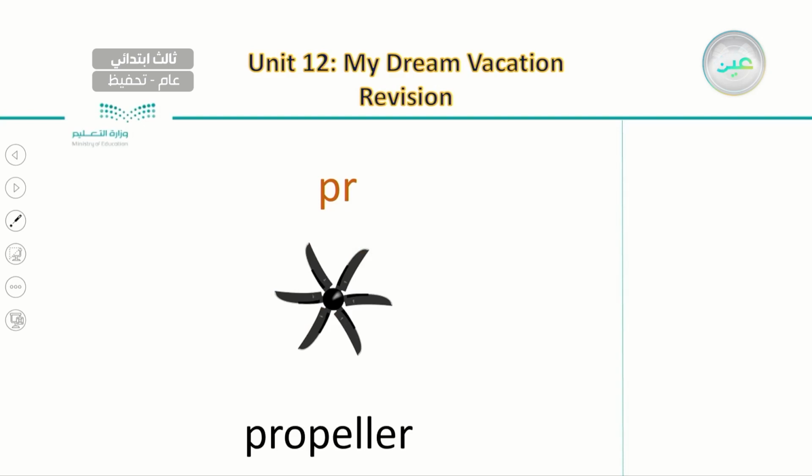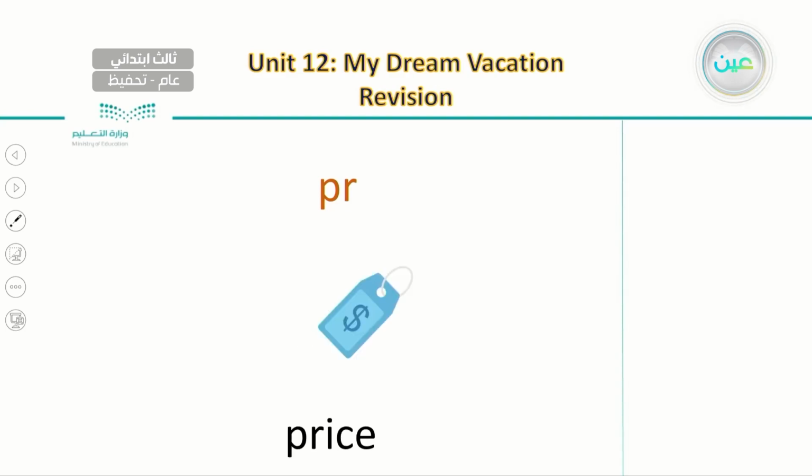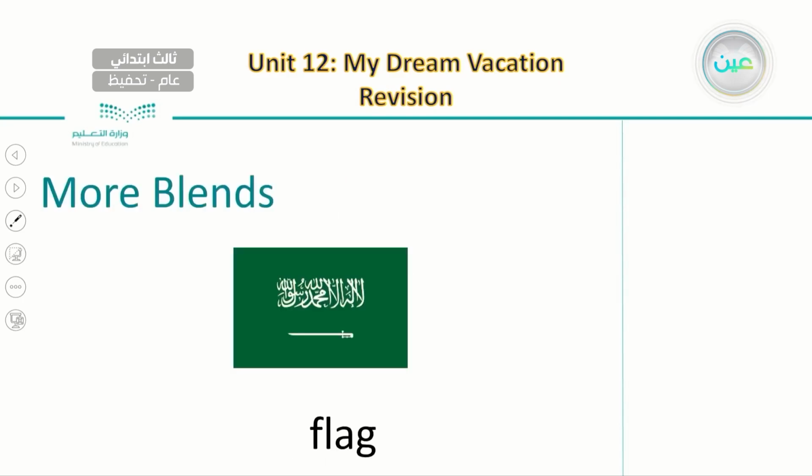And the third word with the PR sound unit is propeller, propeller, which is a fan that we use for cooling and other uses. And also the fourth word with the PR sound unit is price, price, which is the amount of payment we pay when we go to different shops or supermarkets.